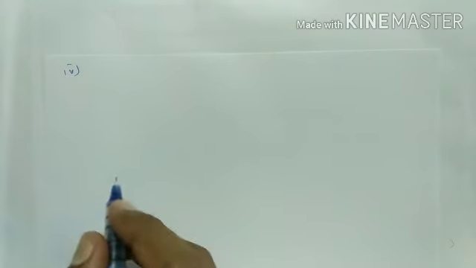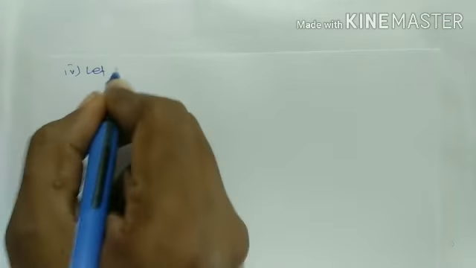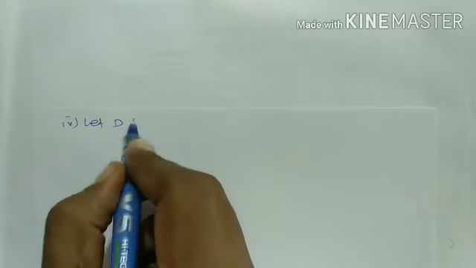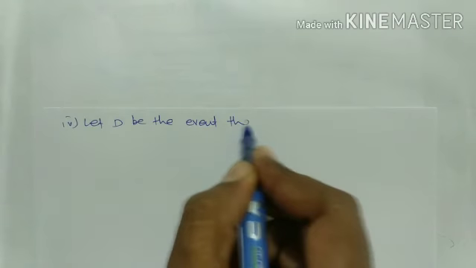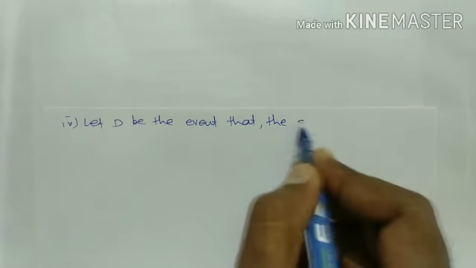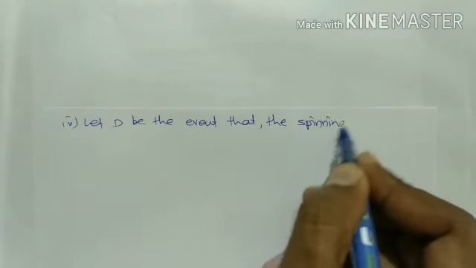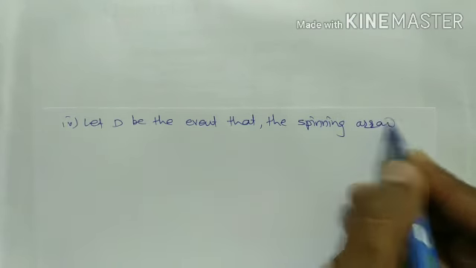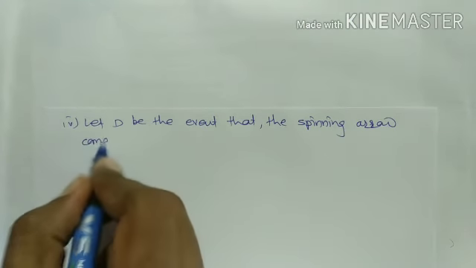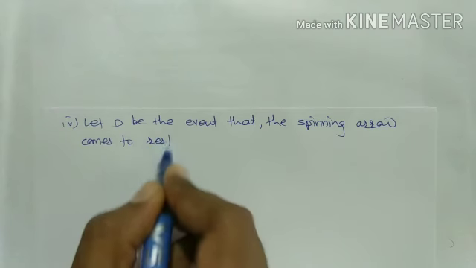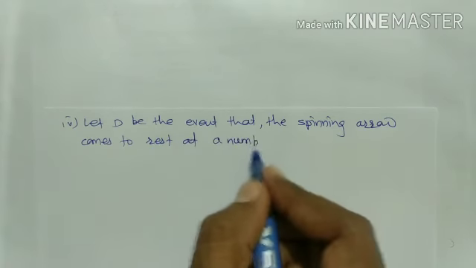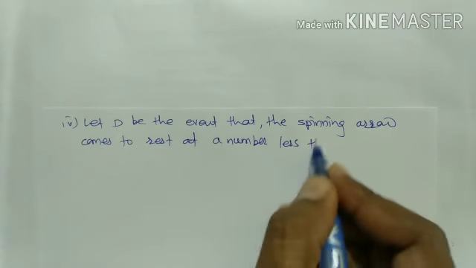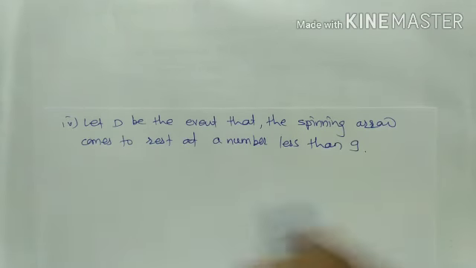Now, for the fourth event, let D be the event that the spinning arrow comes to rest at a number less than 9.